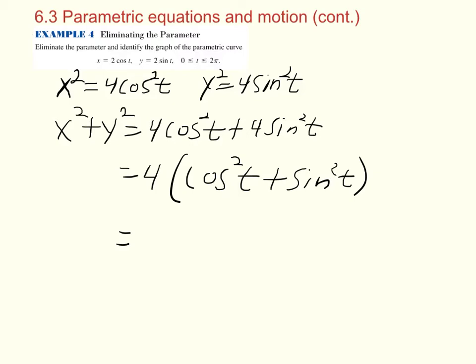Therefore 4 times 1 is just 4, and we indeed have x squared plus y squared equals 4, which would be the equation of a circle centered at the origin with radius 2.